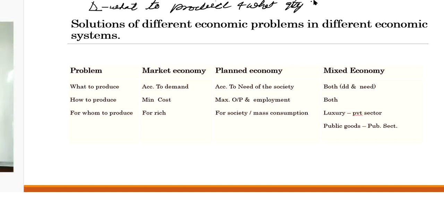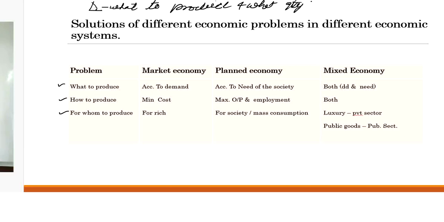Now, in the previous lecture I told you about different economic systems: market economy, centrally planned economy and mixed economy. And we discussed these three problems: what to produce, how to produce, for whom to produce. Now we will see how these different economic systems provide the solution of what to produce, how to produce, for whom to produce.